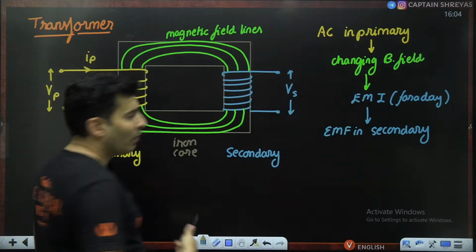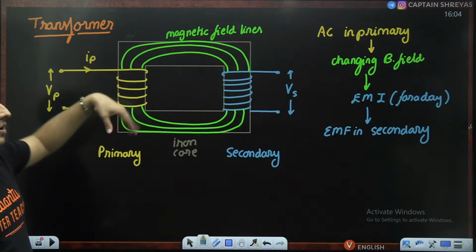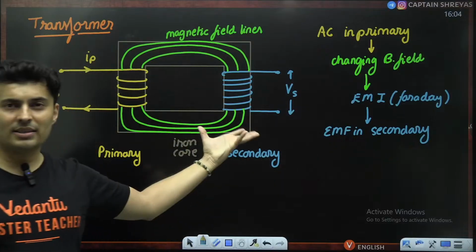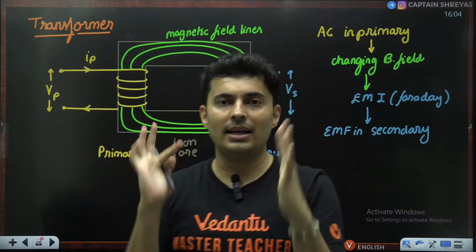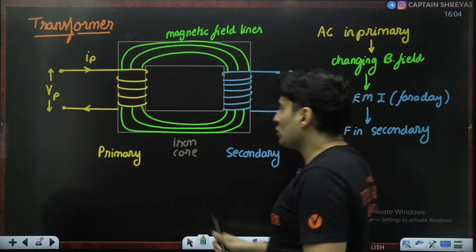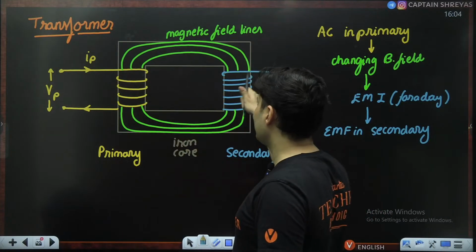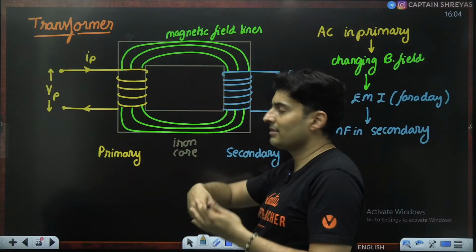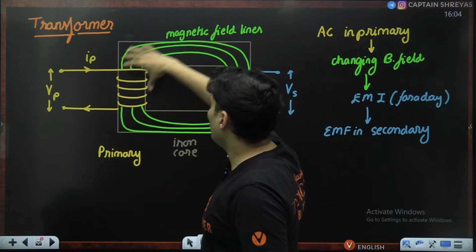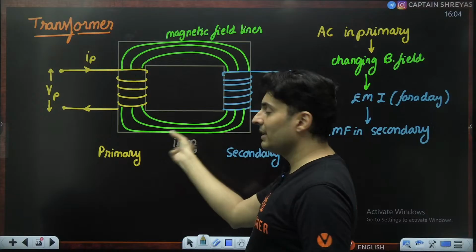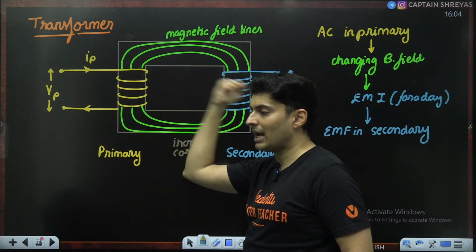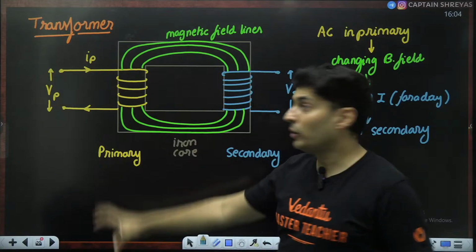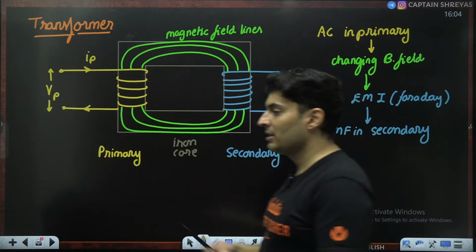Usually, what happens is the transformers might encounter some losses in this process, but the losses are kept as minimal as possible by ensuring none of the magnetic field lines escape or very few lines escape. If you have most of the lines passing through the secondary, you have a very good flux which is linked between the primary and the secondary coils. So a very good EMF will be generated.